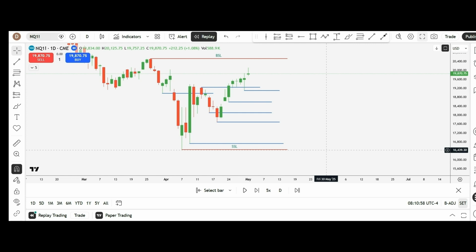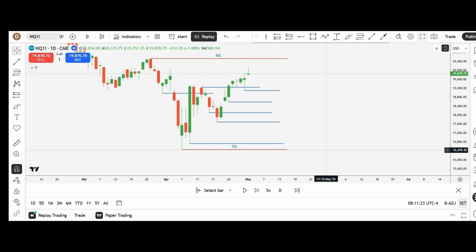All right. So this is another conclusion that we see from this very simple exercise, namely the fact that the buy-side liquidity and the sell-side liquidity are obviously drawn liquidities, magnets for the price.